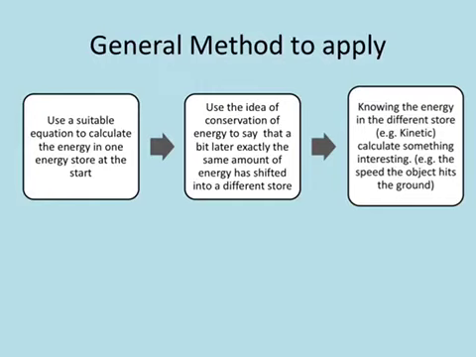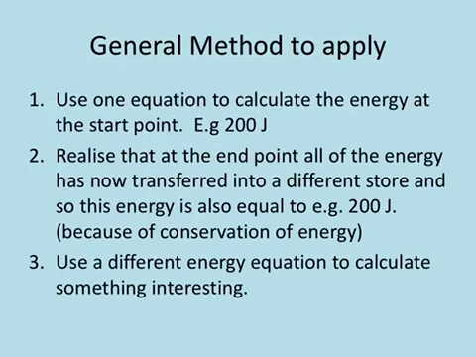And then finally, knowing the energy in the different store, we can hopefully calculate something interesting. Exactly how this works will hopefully become clearer as we work through this example.